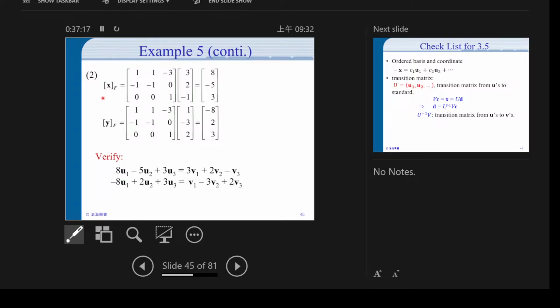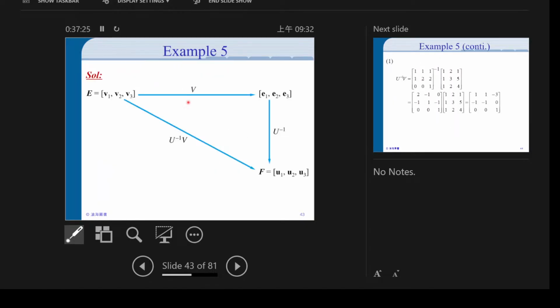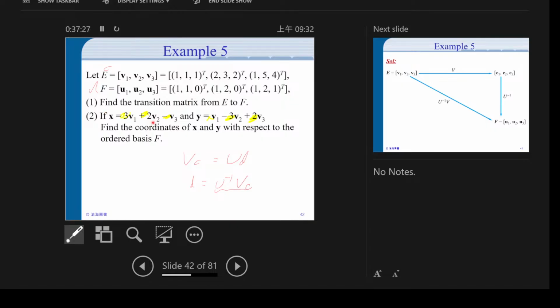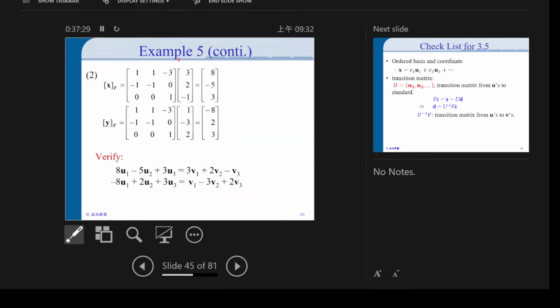And so X in terms of F, you just multiply this transition matrix with the coordinate in E, which we see is 3, 2, minus 1. Just more matrix algebra, you get this coordinate in F. Similarly for Y you have the coordinate in E, 1, minus 3, 2, and you get the coordinate here, and you can verify this by doing the calculation.